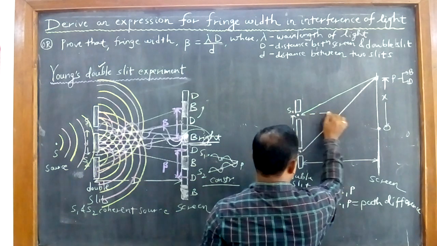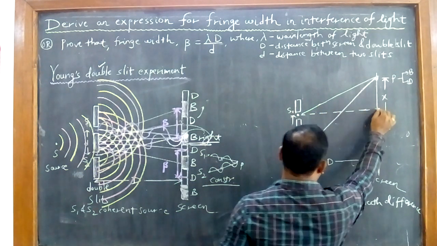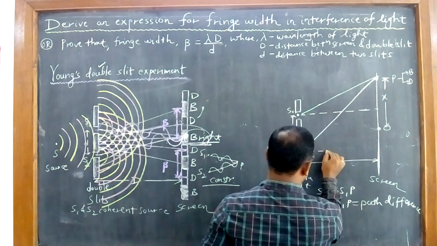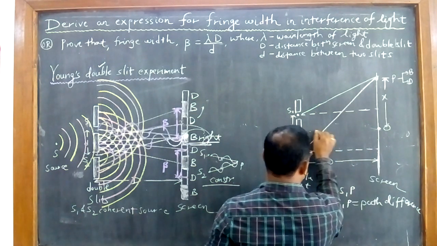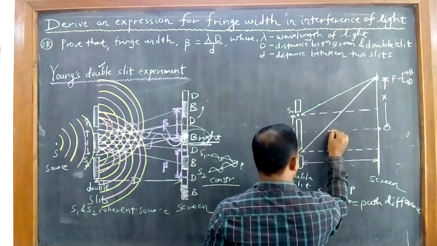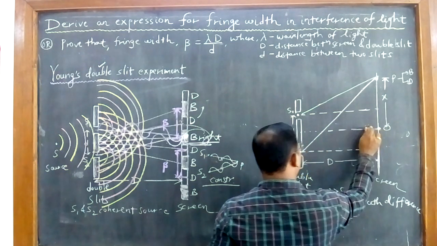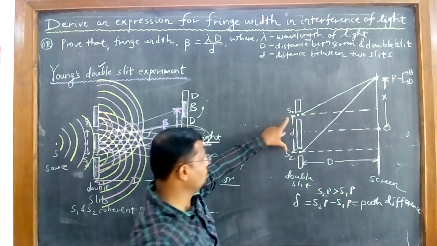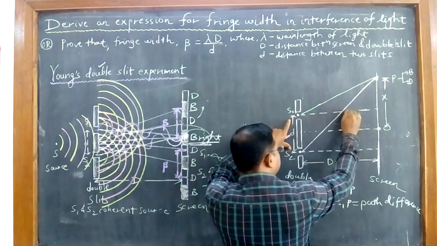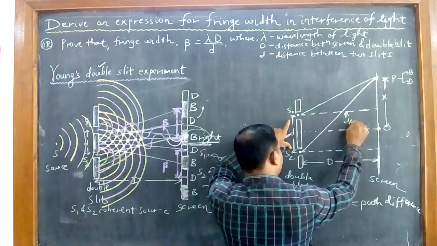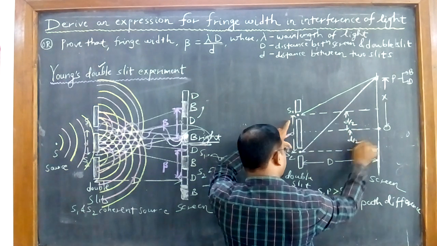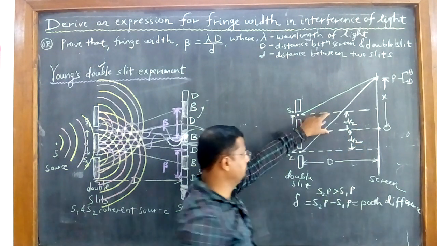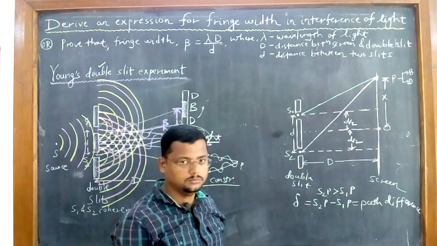I will complete the diagram here. From S1 I will draw one line to the screen, and from S2 also I will draw one line to the screen, and this is your center line from the double slit to the screen. Now clearly I can say, if this total distance is d, then this half distance is d by 2, and this other half distance is also d by 2.